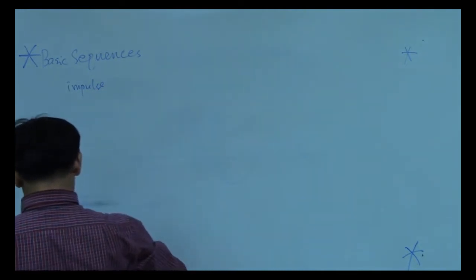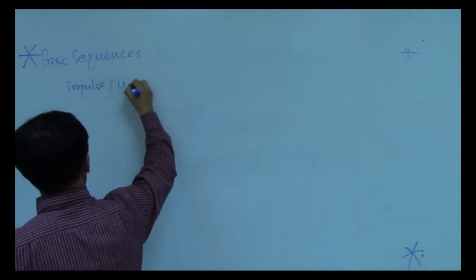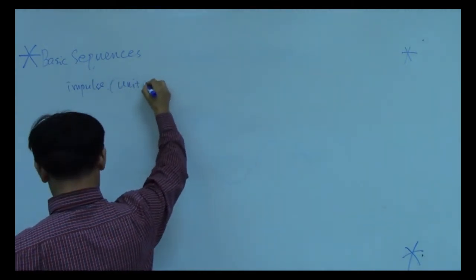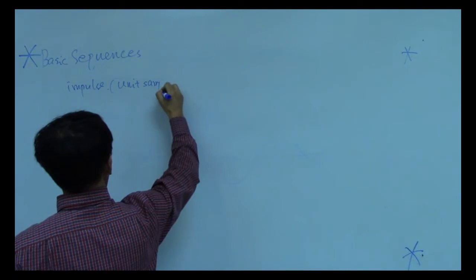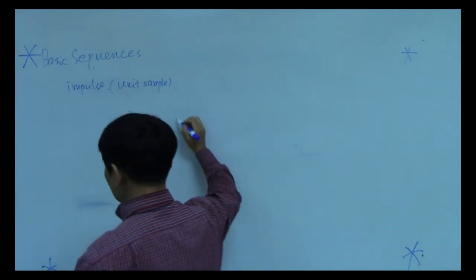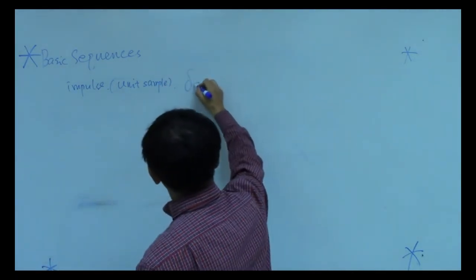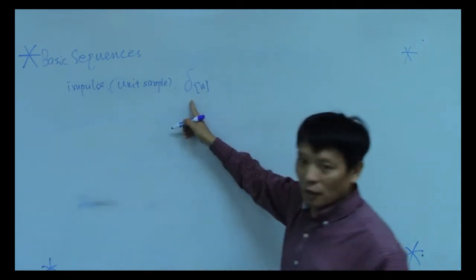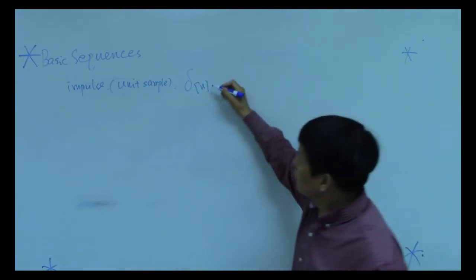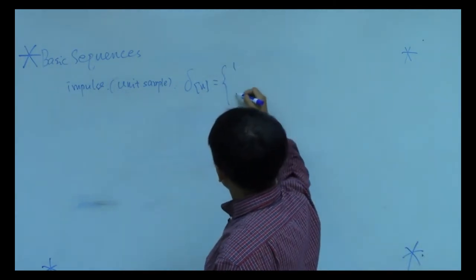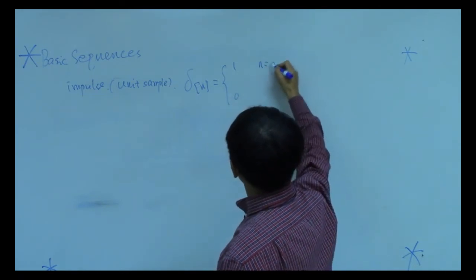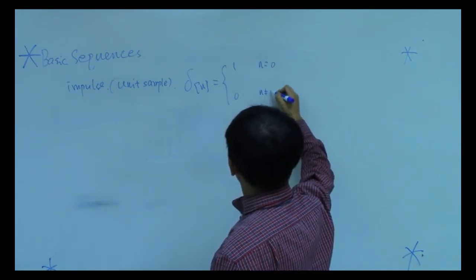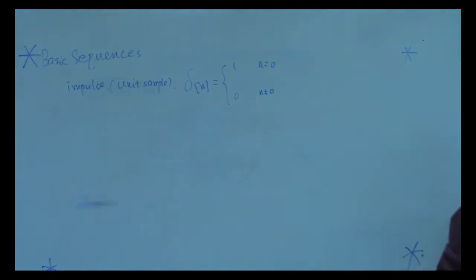The impulse is sometimes called the unit sample. The definition is delta[n] equals 1 when n equals 0, and when n is not equal to 0, it is always equal to 0.